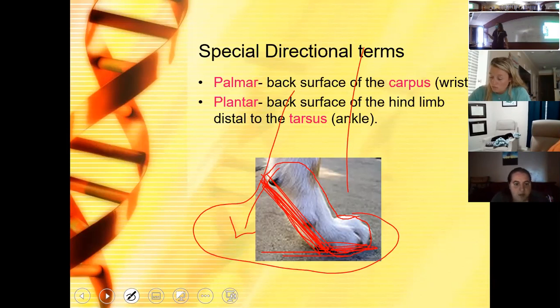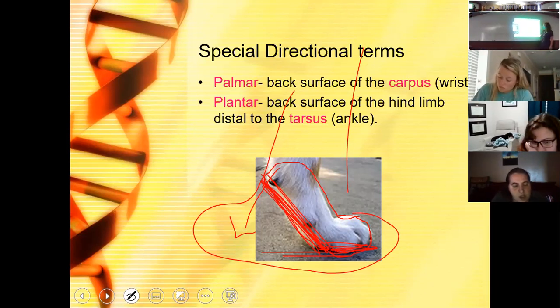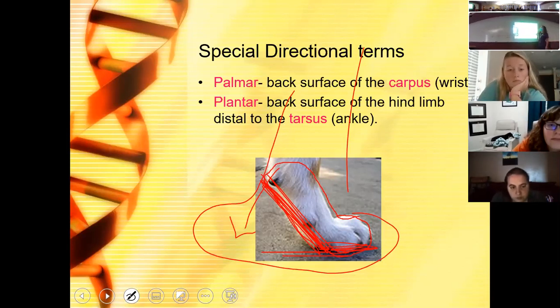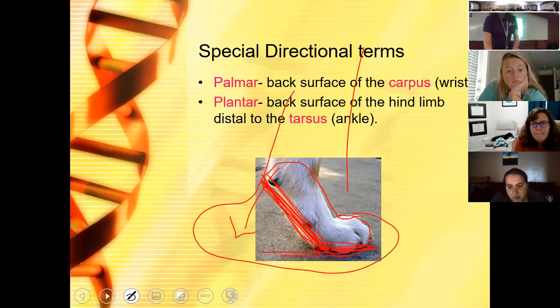Does that make sense to everybody? If I bring this foot down, you can now see the heel of my sock. And this is now exactly the same as a human foot. Here's the ankle. Up here would be the knee. Does that make sense?